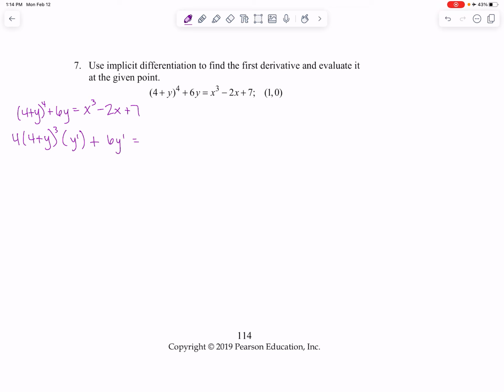Derivative of x cubed, 3x squared. Derivative of 2x is 2. Derivative of 7 is 0. Okay, all the y primes are already on one side and everything else is on the other, so let's factor the y prime out. We're left with 4 times 4 plus y cubed plus 6.